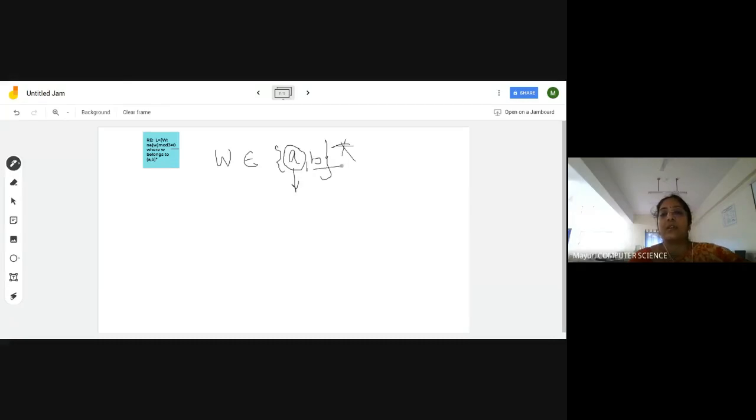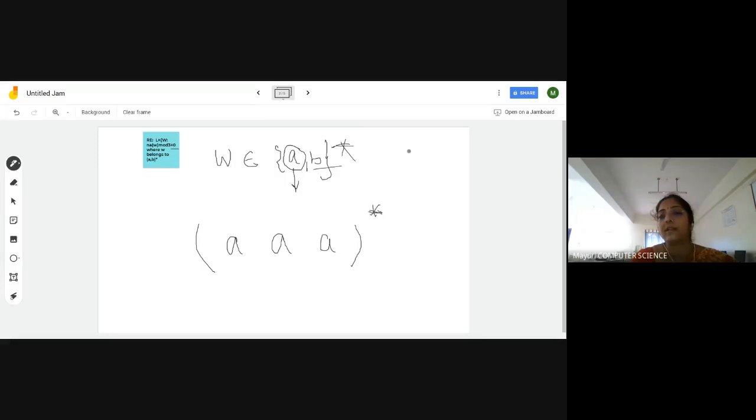No constraint on B. And there is no constraint on whether you have to start the string with A or with B. Any string is acceptable, but make sure the only length restriction is that the length of A mod 3 is 0. So in this case, I will just do like this. 3 A's I will write, and then I will have multiples of them, right?